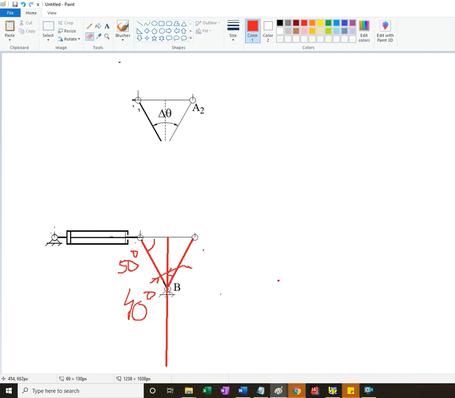Okay. So, and this also ensures minimum deviation from 90 degrees of the transmission angle. In the middle position, so halfway between leftmost and rightmost position, I get the minimum transmission angle.